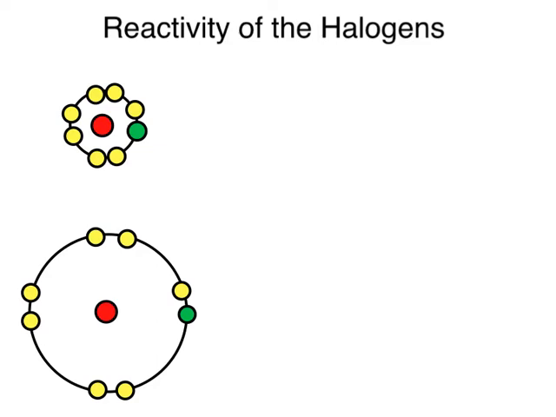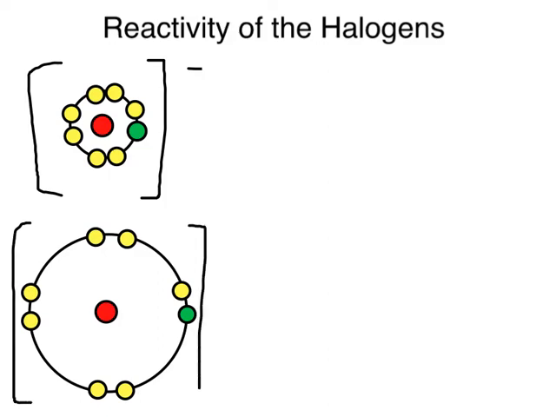So what this actually does, the same as the group 1 metals, is make an ion. We put this in square brackets, and that becomes a minus ion, and this one does too, because we've got this extra electron compared to the charge within the nucleus. Now, as we've already stated, the group 7 elements are all diatomic.